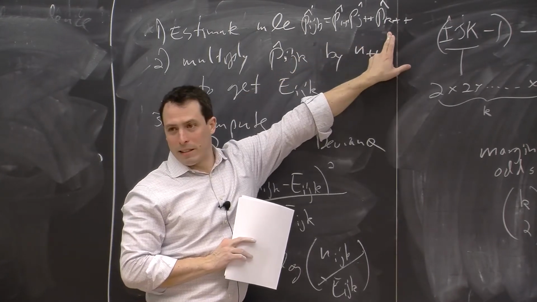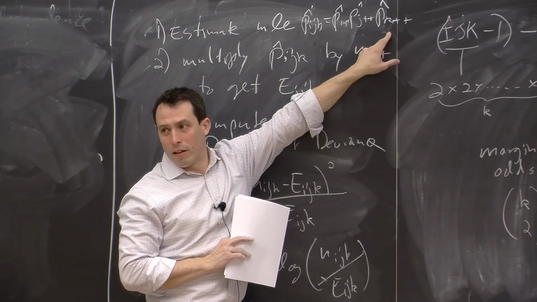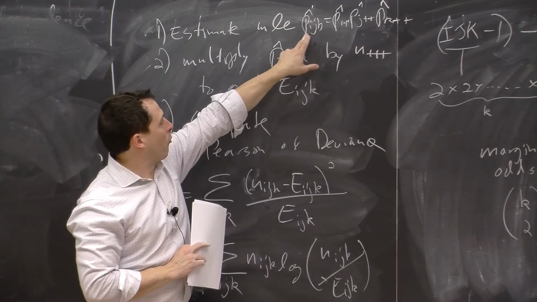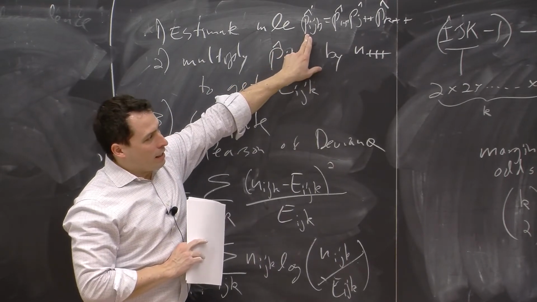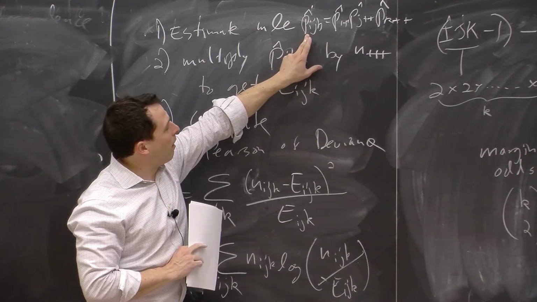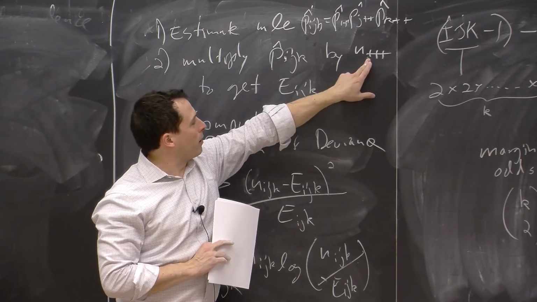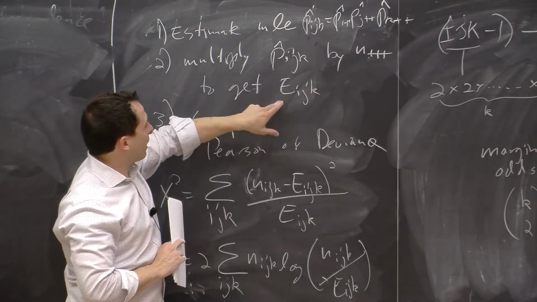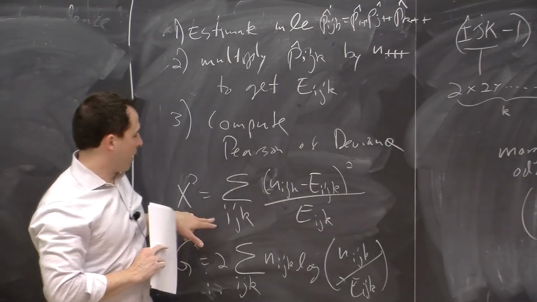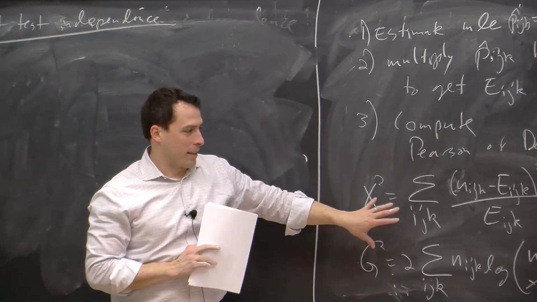We compute their maximum likelihood estimators, just the number divided by the total, multiply them together to get an estimator for the probability of each cell, multiply that by n plus plus plus, 800, we get expected values, and then we can compute our chi-squared statistic.